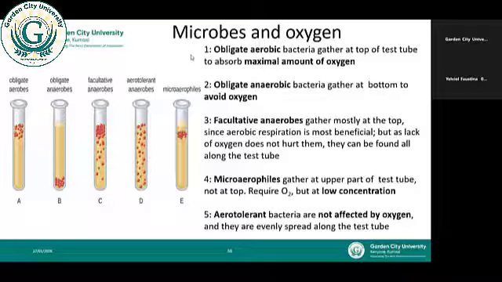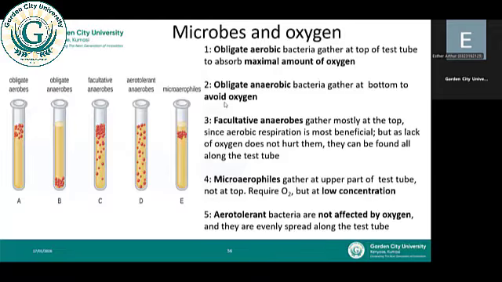Yes, Esther, let's hear you. Hello, sir. The facultative, they like oxygen, but in the absence of it, they use the anaerobic. Yes. So, sir, please, with the facultative and the microaerophiles, when you arrange it, in terms of the arrangements, which one will be top and which one will be down?